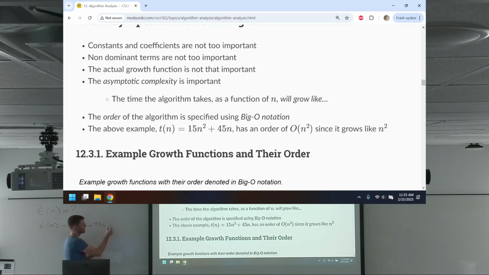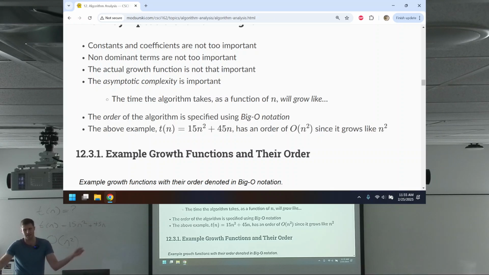Was there any constant? No constant, right? And I'm saying this is basically n squared. I showed you that this part is meaningless. It's noise, so we don't really care about that. We care about this part. But I went from 15n squared down to n squared.